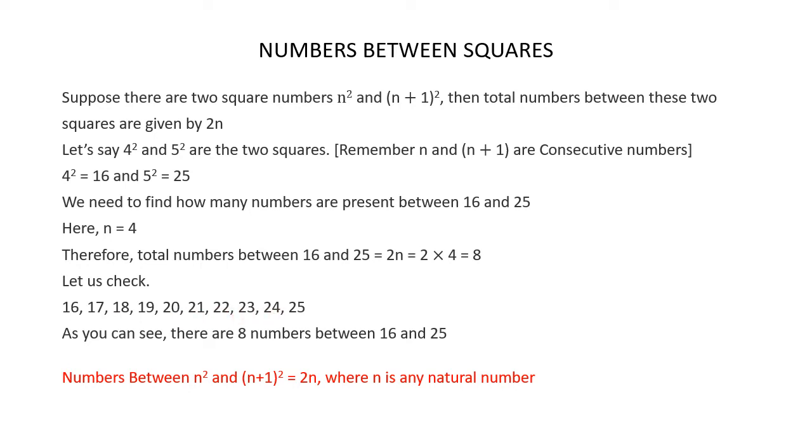So, when you have to find out how many numbers are there between n squared and n plus 1 the whole squared, you have to use 2n. If you use 2n, you will find how many numbers are present between n squared and n plus 1 the whole squared.